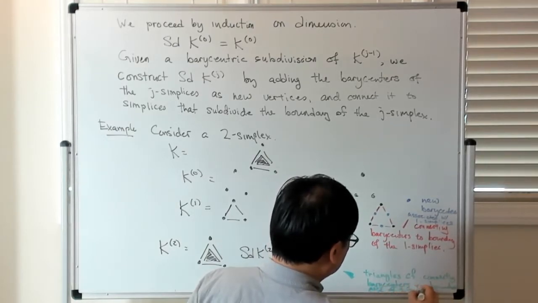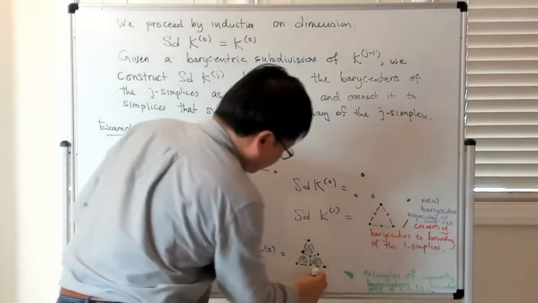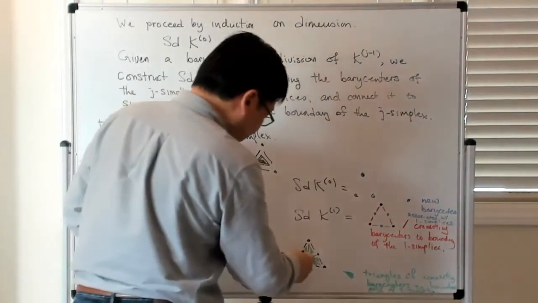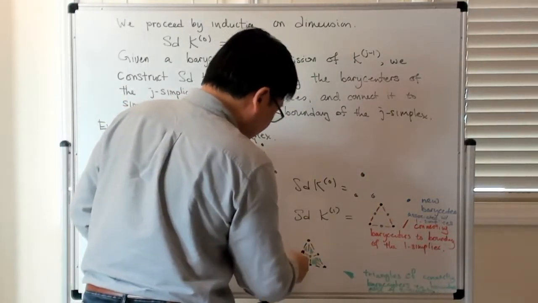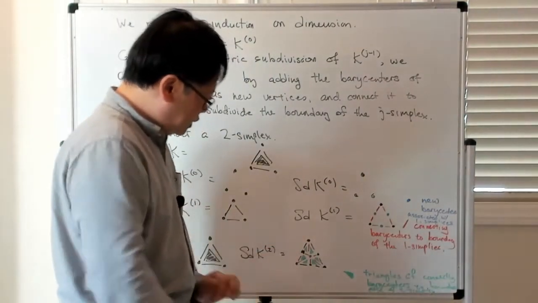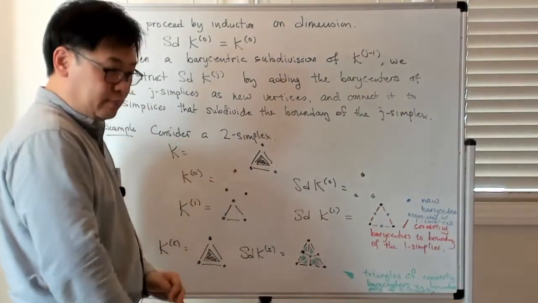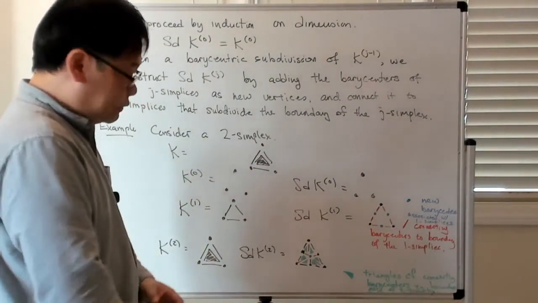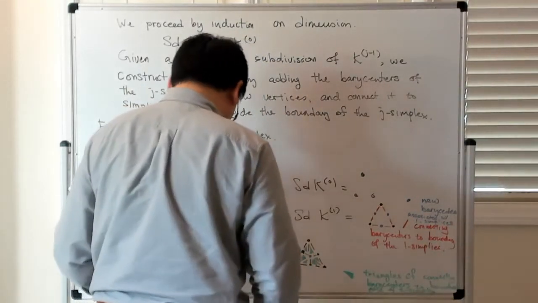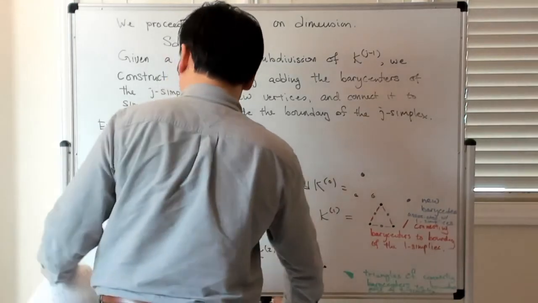Sorry, not sure you can see that. So again, these are the boundary edges of the 2 simplex, right? And I'm appending that barycenter to this. So that whole thing now is the barycentric subdivision of the original 2 simplex. There's another way to see this, right? So if you look at this, maybe if I could try to blow it up.